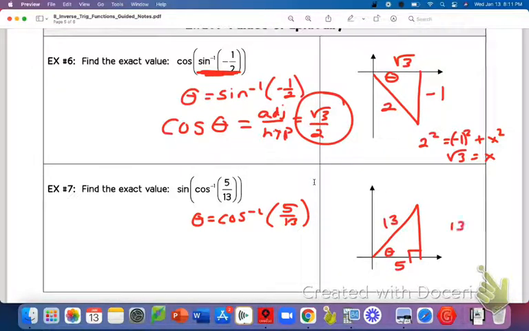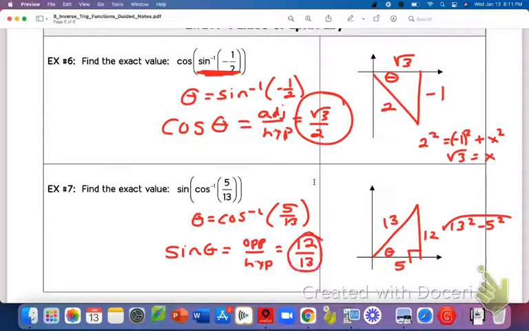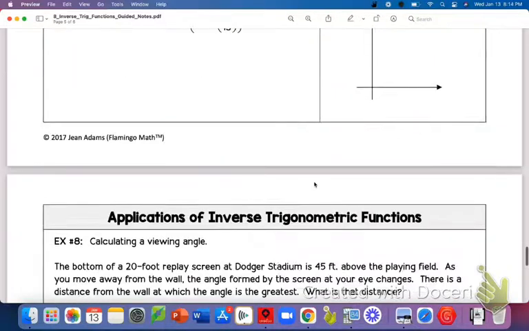Pythagorean theorem. 13 squared minus 5 squared, square root it, gets us 12. Pythagorean triple, maybe you identified that one. So then the sine of theta would be equal to opposite over hypotenuse, which would be 12/13. That will be your answer there. Pretty cool how that works out.